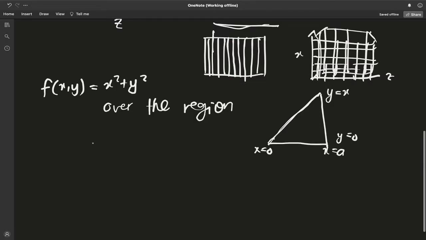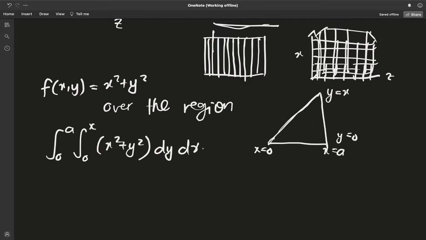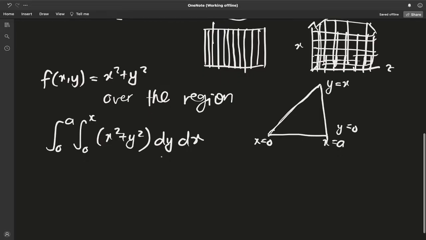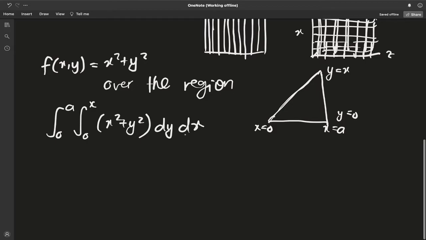When you set that integral up, x is going from 0 to a. So x is independent, x is outside. The inner guy, y, depends on x, so 0 to x. And then the function, of course, x squared plus y squared dy dx. So the inner integral with the inner differential and outer with the outer one. This we can evaluate from 0 to a.